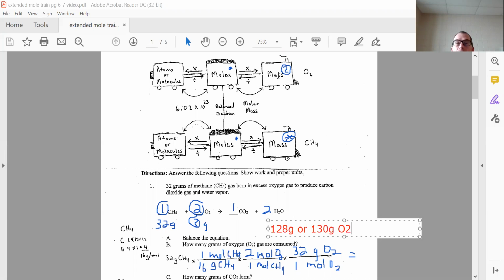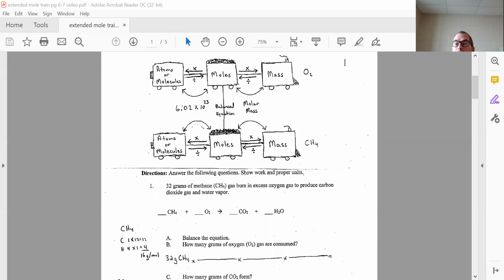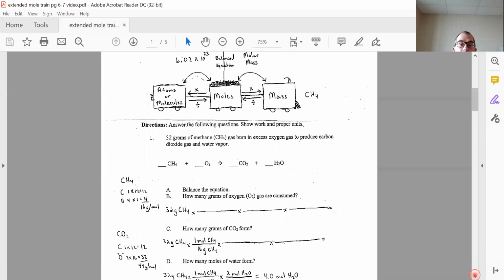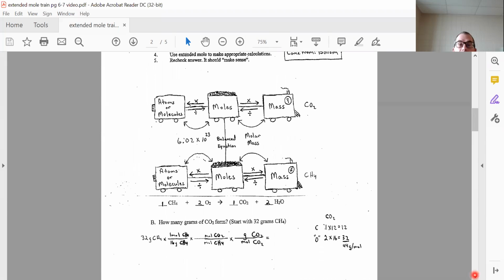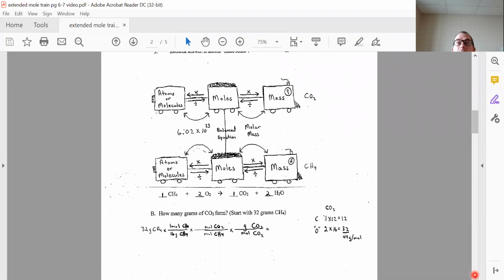All right, I'm going to look at part C and D here, but I'm going to go to a different page. I know you have it all lined up here, but I think that'll make it easier to see. I'm going to clear this out and do part B, which is also on page 6. And let's go here and take a look. Okay, just kind of made a new mole train so we could see it.